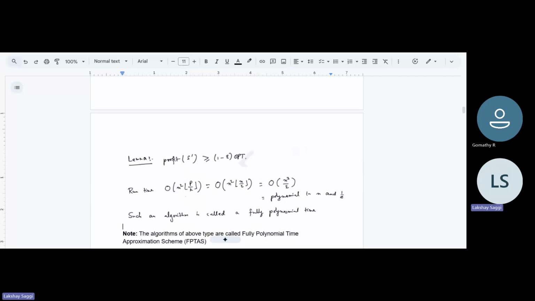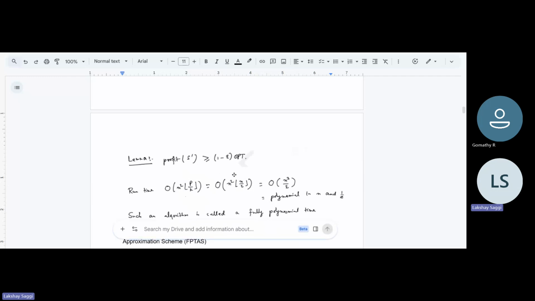What we obtain is an algorithm which gives a 1 plus epsilon approximate solution and runs in time n cube over epsilon. And this epsilon is up to you. Whatever epsilon you choose, you'll get the appropriate approximation guarantee as well as the runtime.